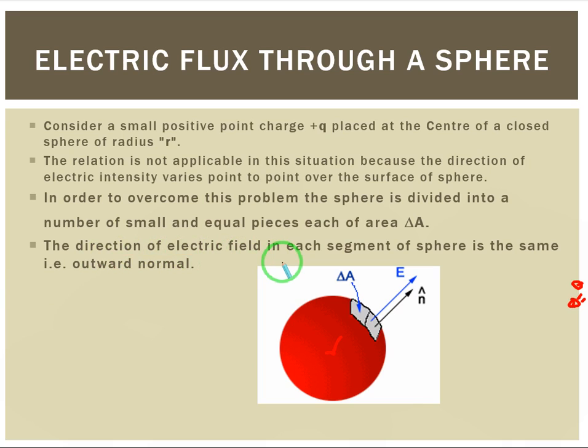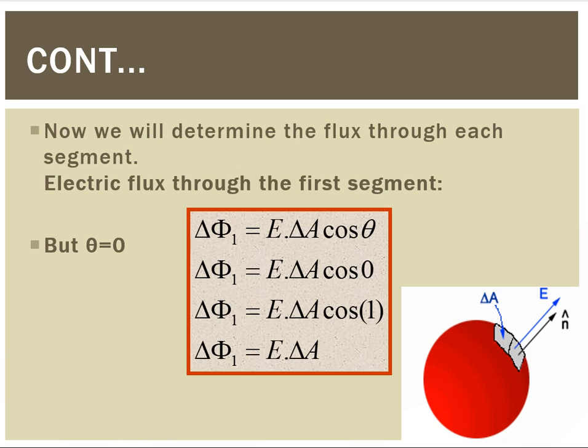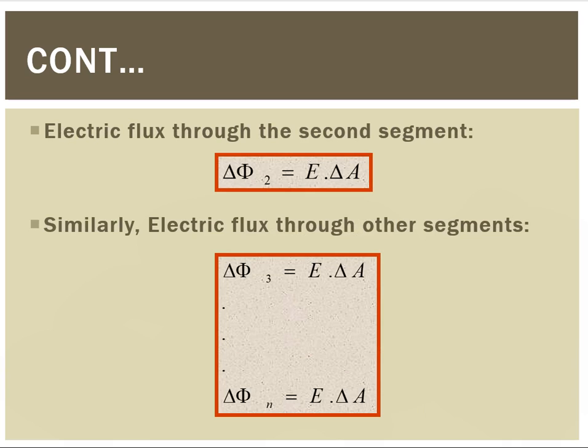So in every segment, the direction of area and electric field will be the same. So this is the flux 1, which is just EA. Now coming, we are going to find the flux at piece 2, at segment 2.